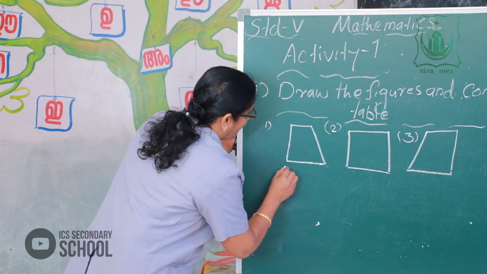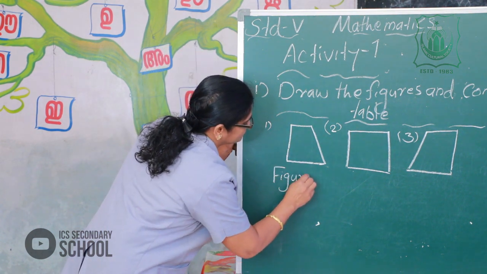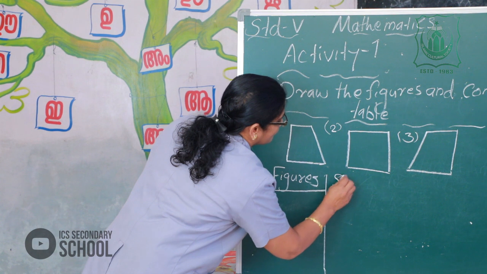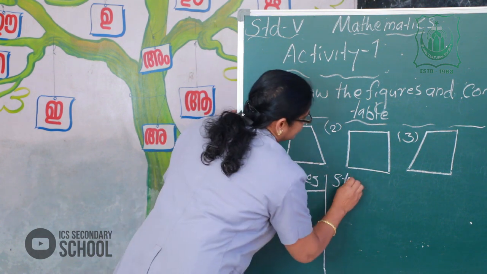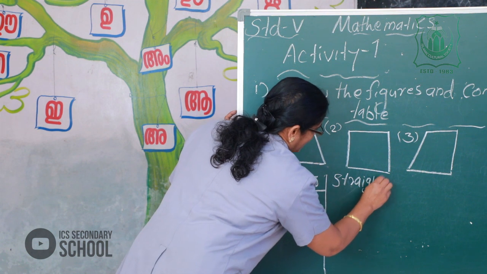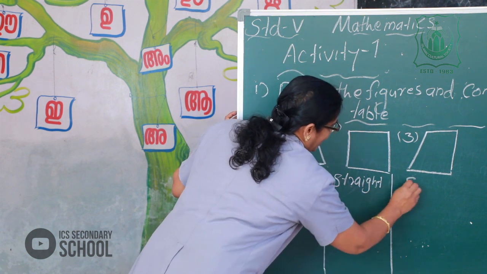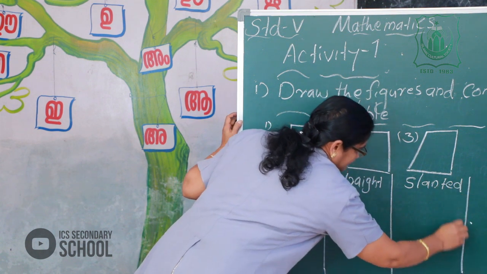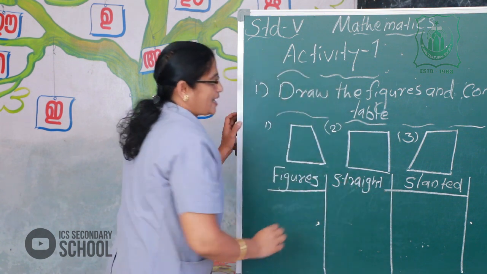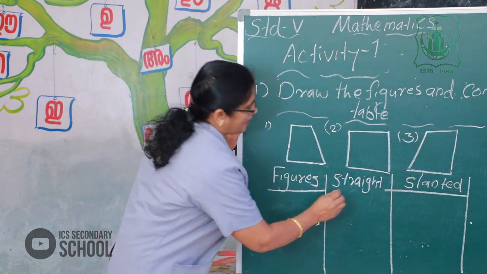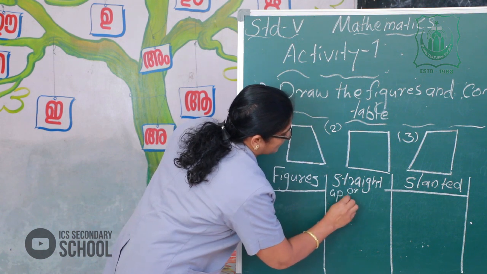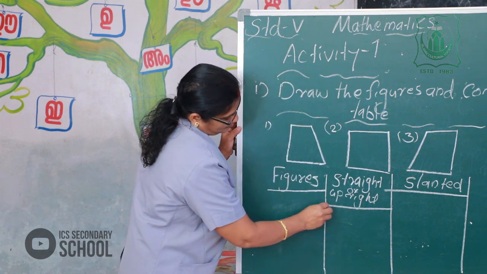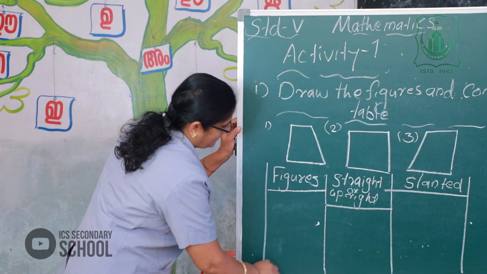Table. Figures. Straight, slanted. Straight line or upright line. Draw this table.